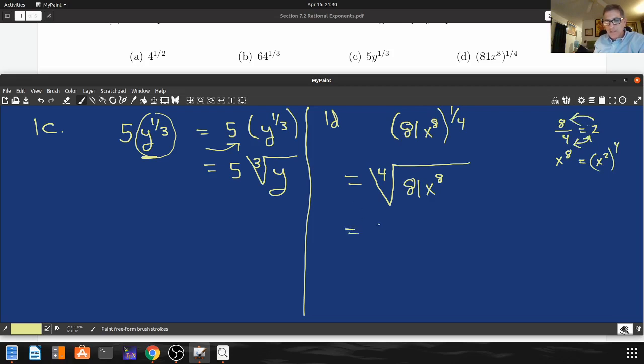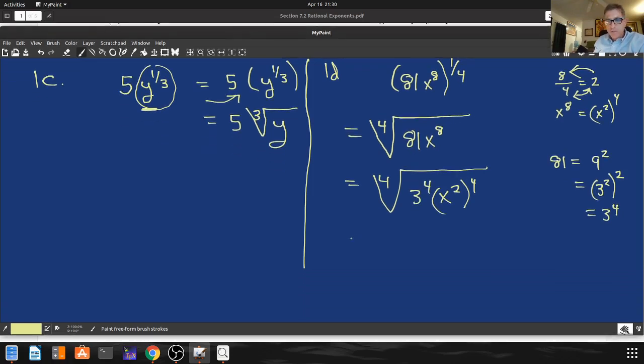So that takes care of one of the problems. But what is 81 to the 4th power? Well, we know 81 is 9 squared, but 9 itself is 3 squared. So 3 squared squared is 3 to the 4th. So 81 is 3 to the 4th.